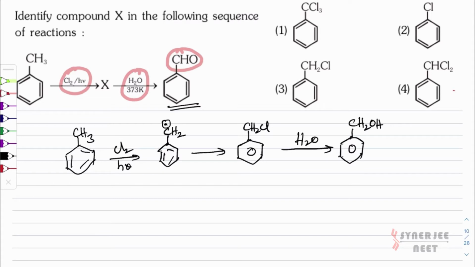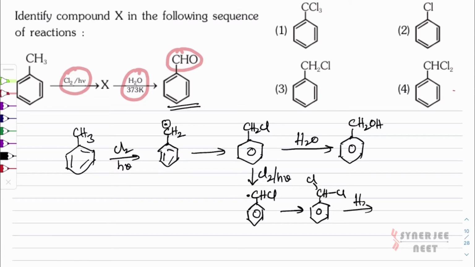Where is the place we are going wrong? This compound, if it reacts further with Cl2, h nu, then one more time a free radical will be developed, and that will transform into two chlorines. So already one chlorine is there, and one more chlorine will come.